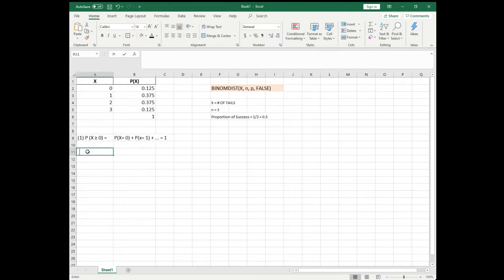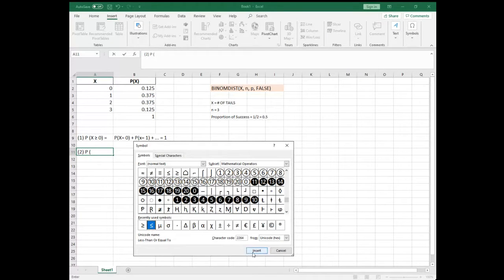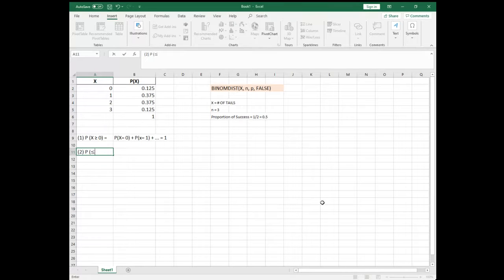Let's do another one. Find the probability when x is less than or equal to 1. Probability when x is less than or equal to 1. So Nayang, Judah, Ying, Christopher, I think you're all right.